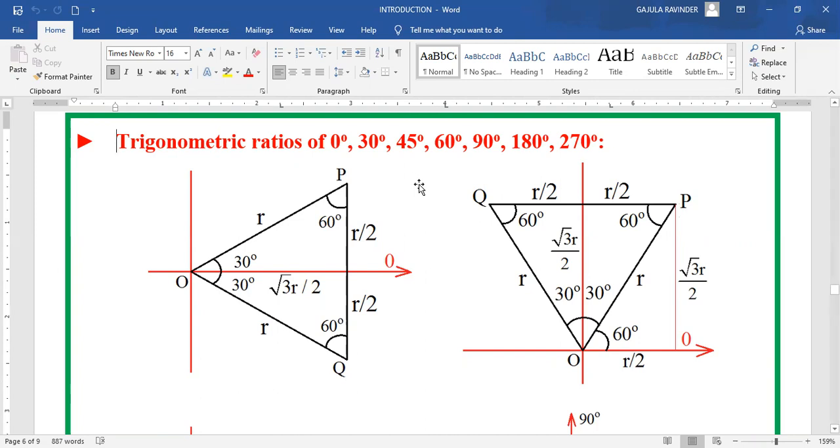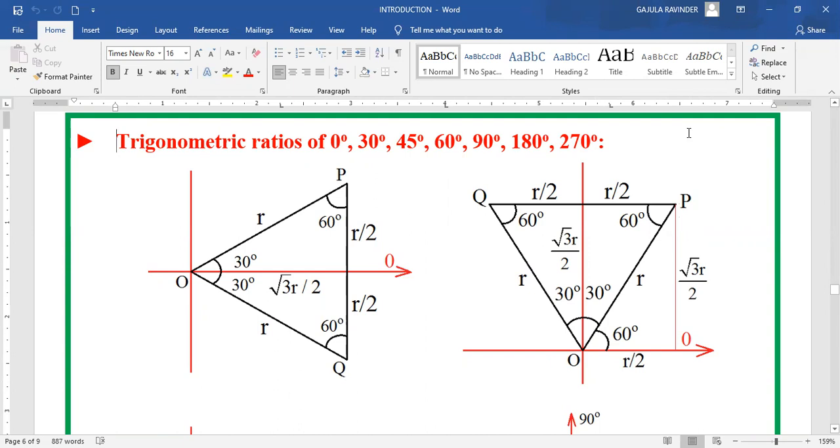Now, in this session, I am interested to discuss the trigonometric ratios of some acute angles along with the angles along the coordinate axis, like 90 degrees, 180 degrees, 270 degrees, and also 360 degrees.